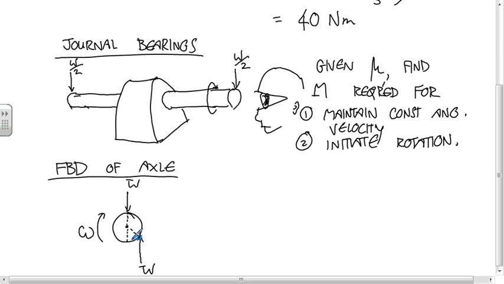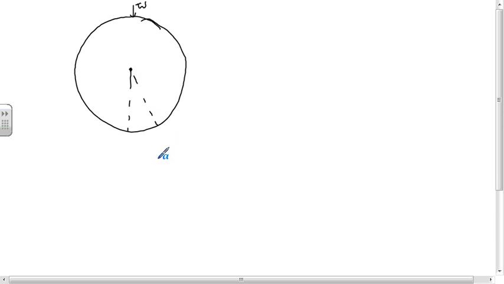You shouldn't have too much trouble remembering how to go if you remember how to set it up. So let me zoom way in on this. We have the downward force W and the upward force W. That W is made up of a friction component and a normal component.